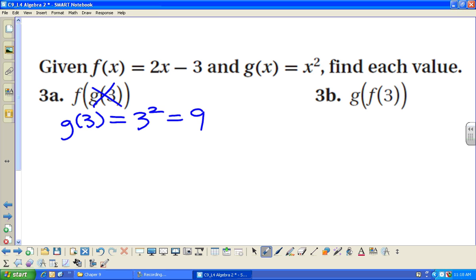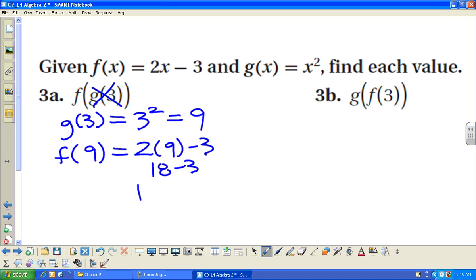Then once I find out what this is, I replace my value of function of g of 3 with 9. I take 2 times 9, which is 18, minus 3 would be 15. And that concludes the function of f of g at 3.